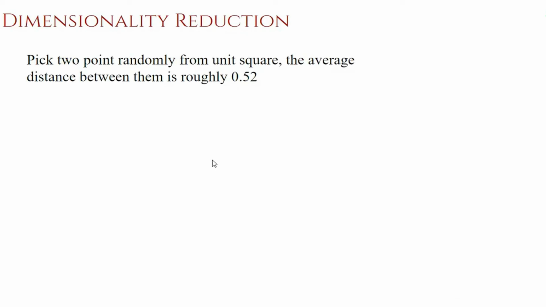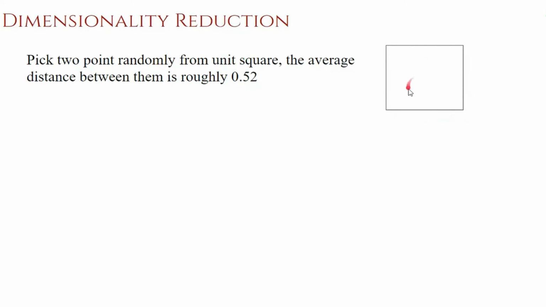Let us first assume a square, the unit square. By unit square, we mean we have a square whose width and height are of 1 unit. The unit can be centimeters, inches, even kilometers, that is left to us, but it is a unit square, that means 1 unit.